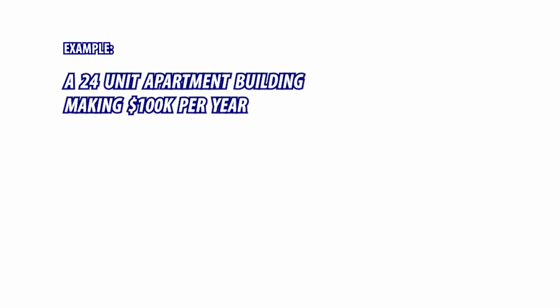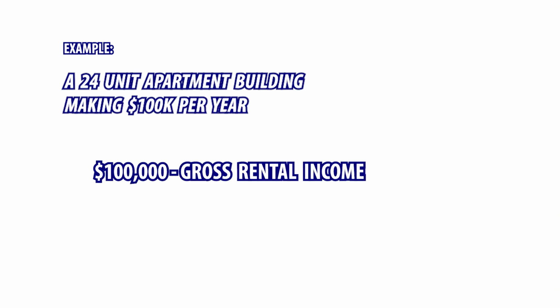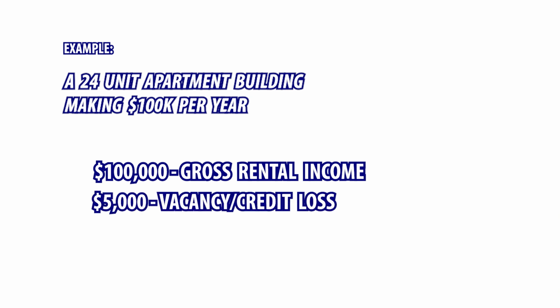So say, for example, you had a property that was making $100,000 per year. That was the gross rental income. Say this is a 24 unit apartment building. I love those examples because 24 unit apartment buildings are actually very popular, but in some cases, all of the units are not rented. So you have what's called a vacancy and credit loss.